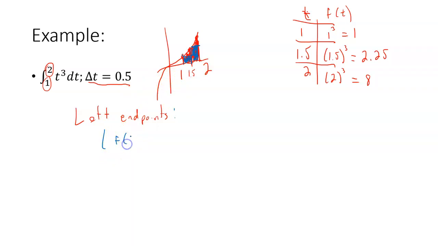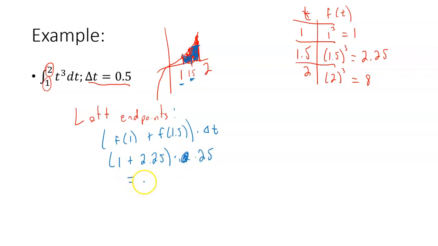I need the height at 1 plus the height at 1.5 times my delta t. My height at 1 is 1, my height at 1.5 is 2.25, which is why I did the little table, and delta t is 0.25, and so that works out to be 1.625. So an estimate for the area under this curve is 1.625.